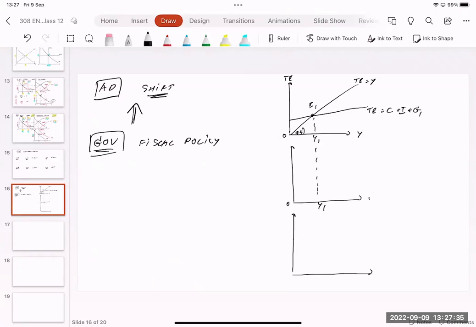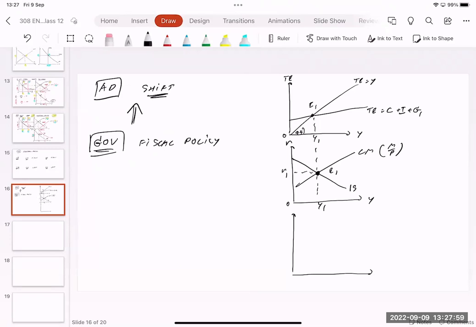This is the IS and LM model. On the horizontal axis, I have Y. On the vertical axis, I have R. And then I have the LM curve and the IS curve. The LM curve comes from the real money supply M over P, let's say. Then I have equilibrium point E1, R1.